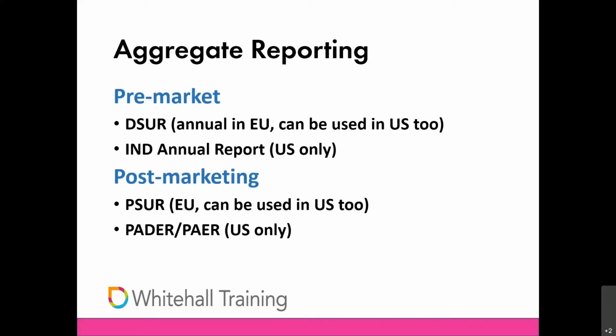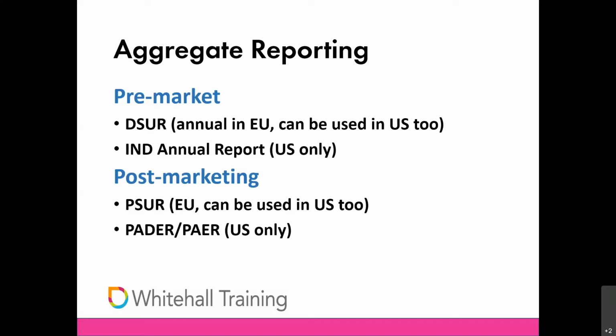Those need to be submitted every 6 months after marketing authorization has been granted, until a product's been on the market for 2 years, and then every year for 2 following years. In the US, the PADER is required quarterly for the first 3 years from the date of approval and annually after that.